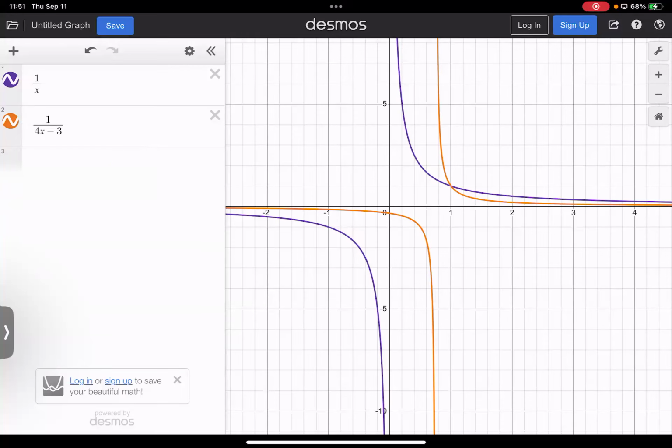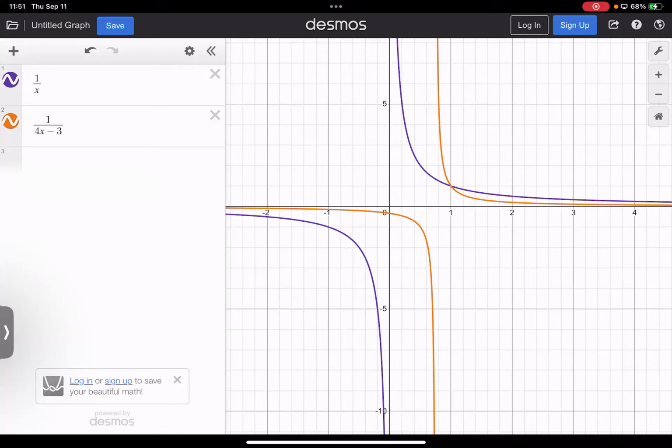So now it moved my asymptote. The general shape stayed the same, right? But where did the asymptote go? It's kind of getting ahead of ourselves, but it went to wherever 4x minus 3 is equal to 0, right? Can't divide by 0. That's still the rule.